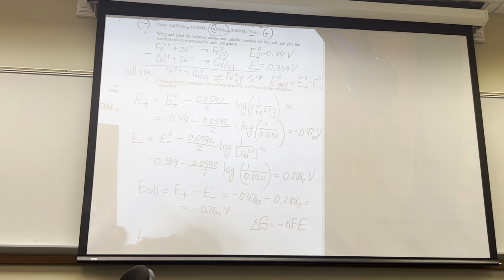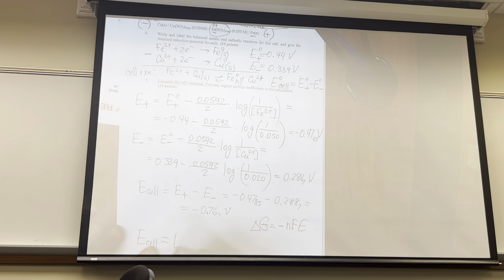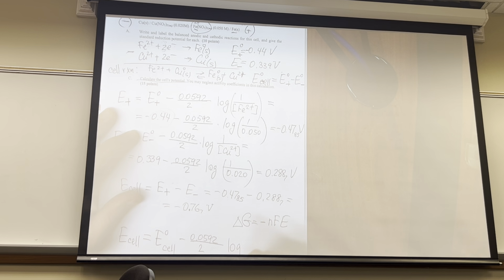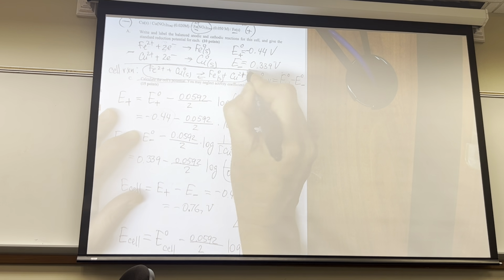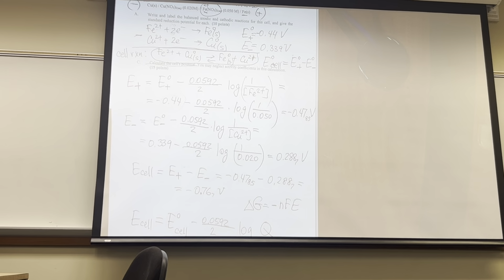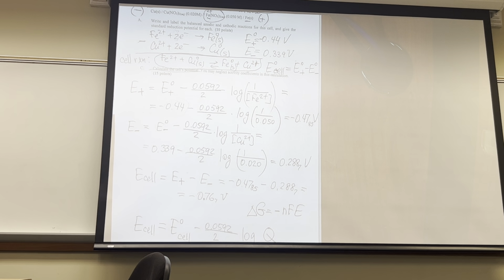And you can say cell potential is standard cell potential minus 0.0592 divided by how many electrons altogether, 2, times log and have Q up here for this reaction. Okay? Can you give the same answer? Yes. Okay. Good. Yeah, it's the same, okay.